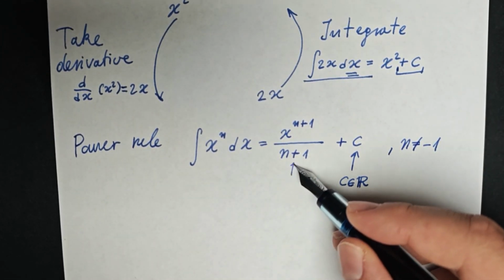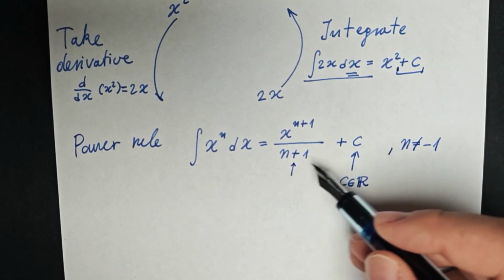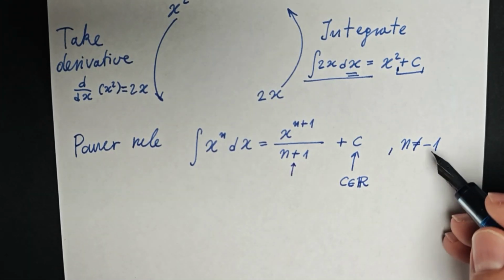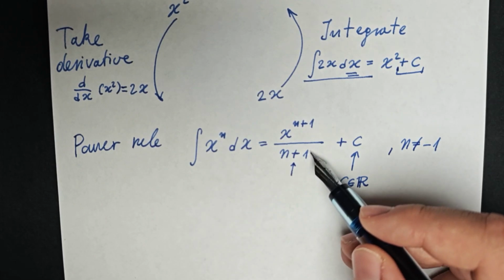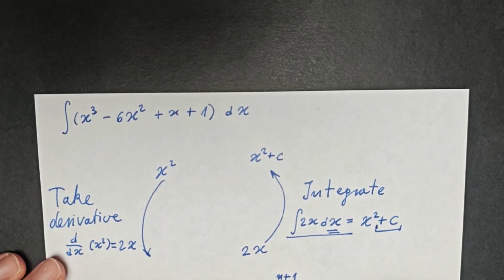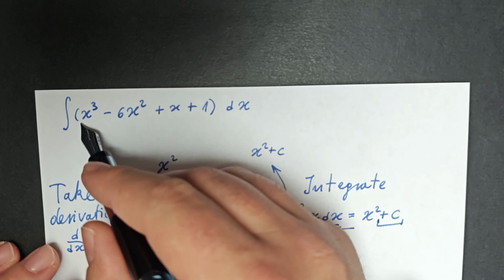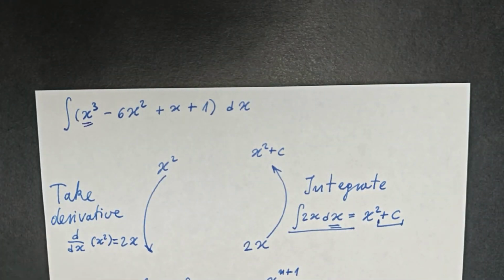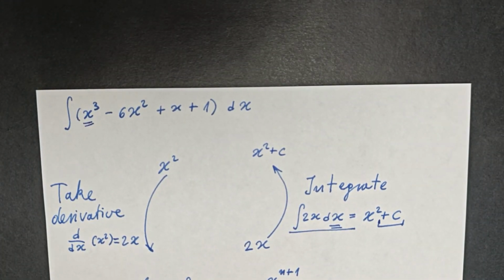Note here that you can't divide by 0, so if n is equal to negative 1, you have a division by 0. As you can see in our integral, the first term that we have is x cubed. It has a power, so we can use the power rule.